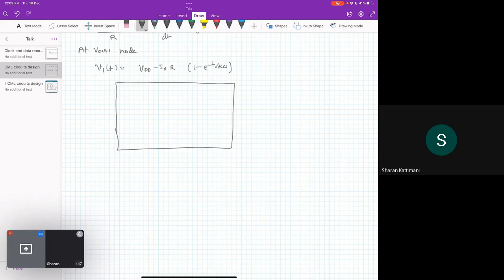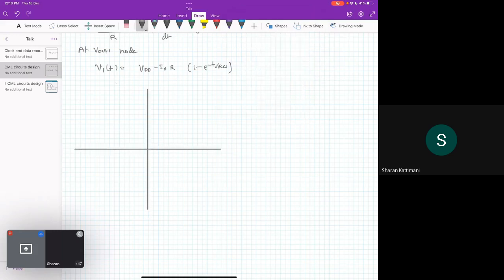Okay, so what exactly I want to convey here is that suppose I have Vout1 going up. Okay, so at the same time the Vout2 will go down.